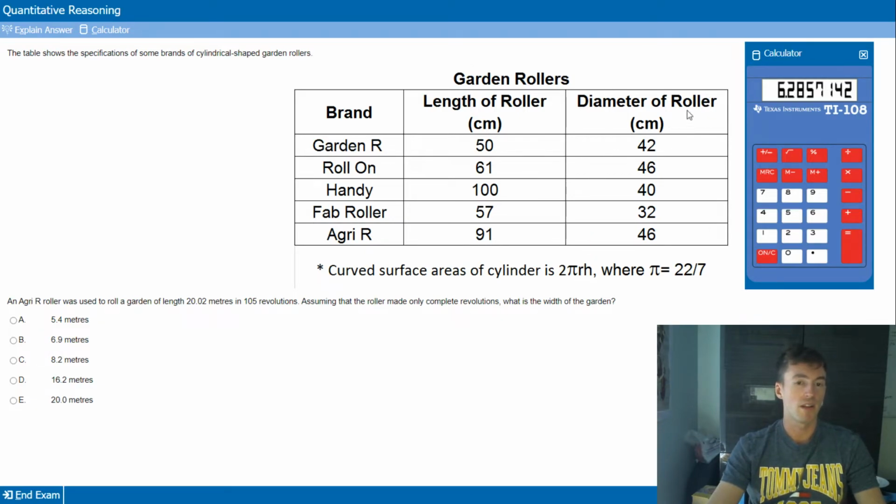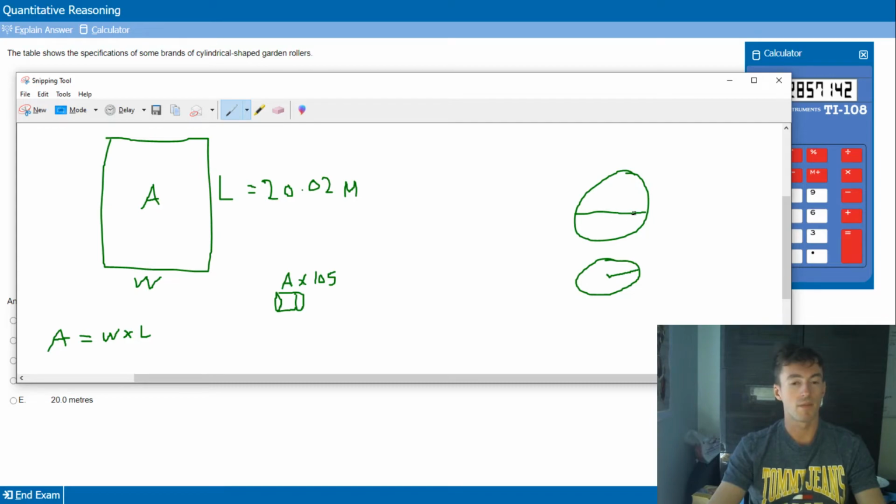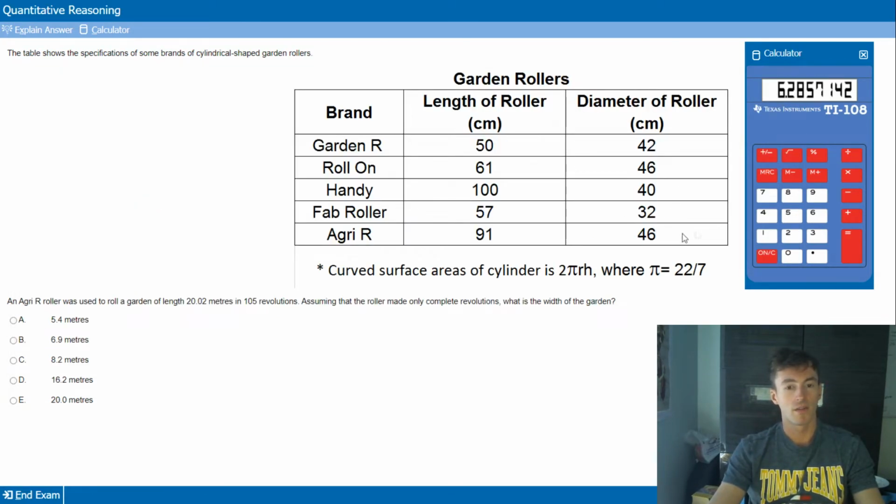We're not given the radius, but we're given the diameter. Now if we draw a circle here, the diameter is this distance here. The radius is just this distance here, it's half of the diameter. So half of 46 is 23.